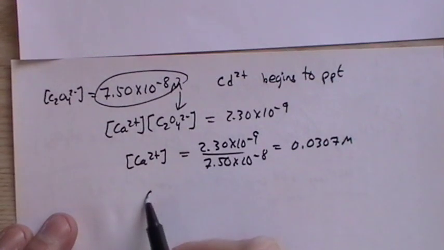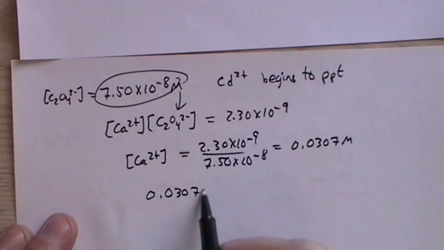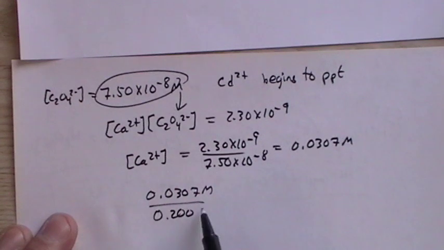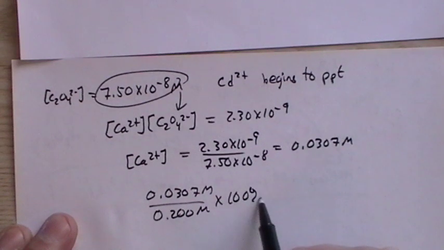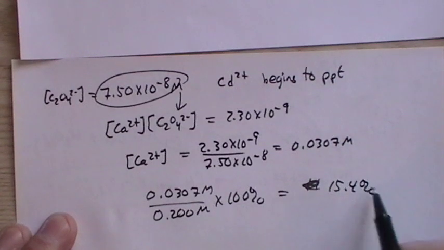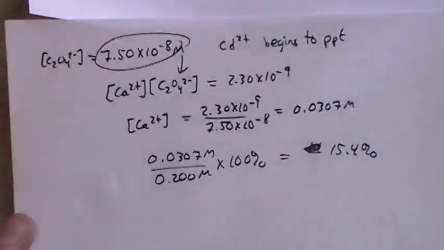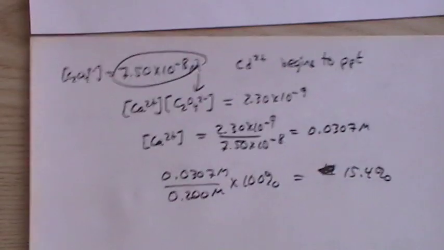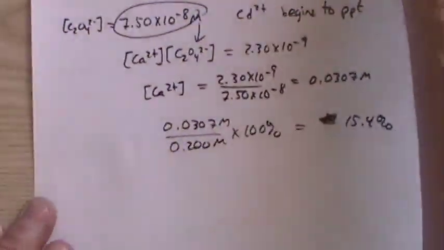Well, what percentage is left? We take that concentration divided by the original concentration times 100%, and that gives us 15.4%. That means 15.4% of the calcium is still present in the solution when the cadmium begins to fall out.